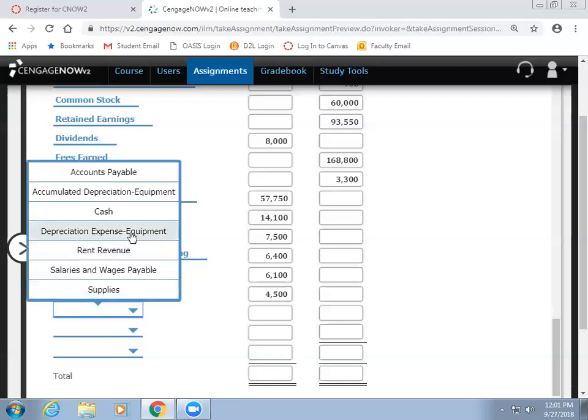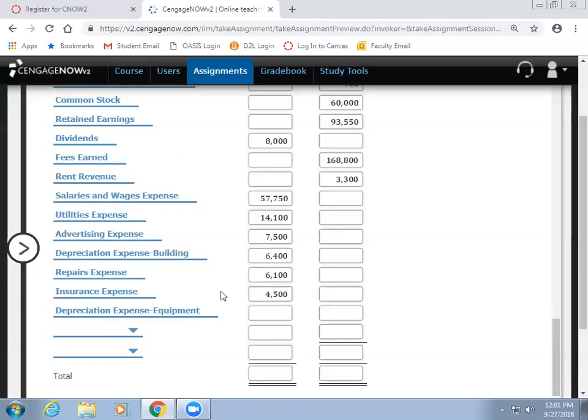The next expense that pops up is depreciation expense on the equipment. We had no existing balance, so I know I debited it 2,800 in this period. Then we have supplies expense. We knew we did an adjustment for $1,110.